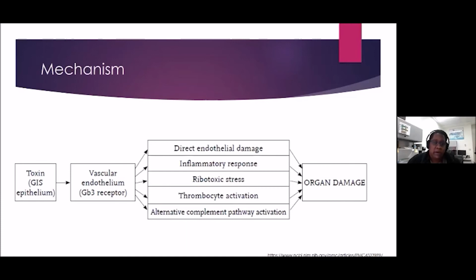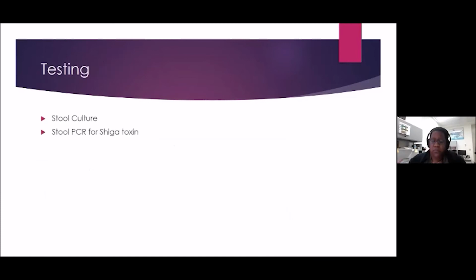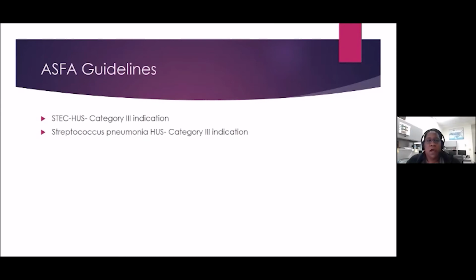They tend to have high creatinines. But what you do for these patients, first, you do a stool culture. That will take some days to come back. You can do a stool PCR immediately for Shiga toxin. And so you think it's HUS, but you're not sure, so you start TPE.